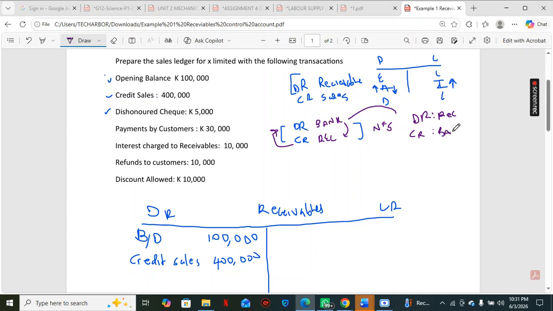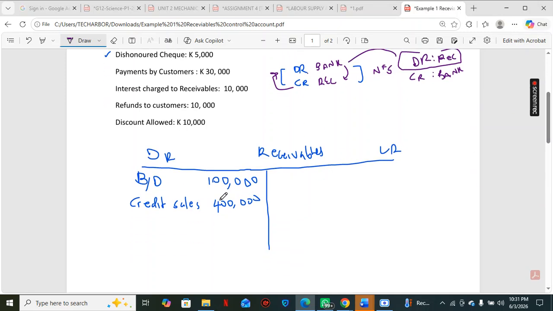So this debit entry here represents the dishonored check. So you're going to put on the debit side here dishonored check, 5,000.